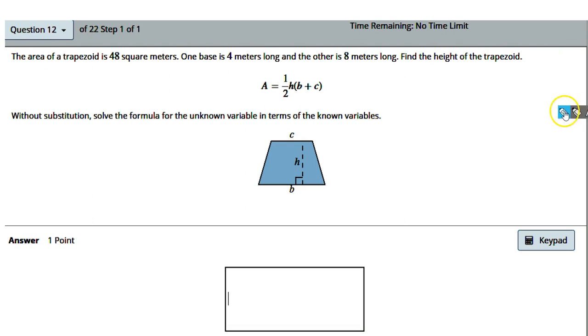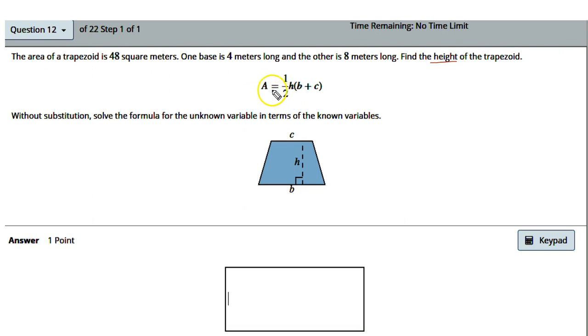Now, for this one, they're asking us to solve for the height here eventually. They gave us the formula of a trapezoid, but they first want you to solve for the letter H. And these are looking, some of them, familiar, because I think we've done things like this before.